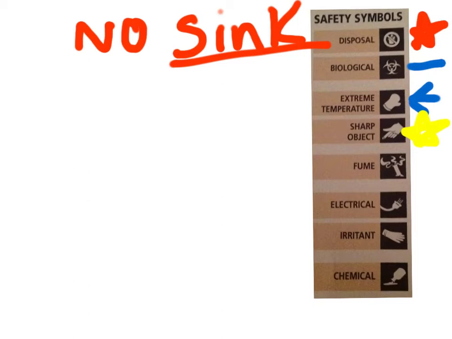Next one is fume. And what fume means is that there could be danger to your respiratory tract if you breathe in the fumes from this. So what we want to make sure that we know for this one is that it's bad for your lungs, and so stay away from it.